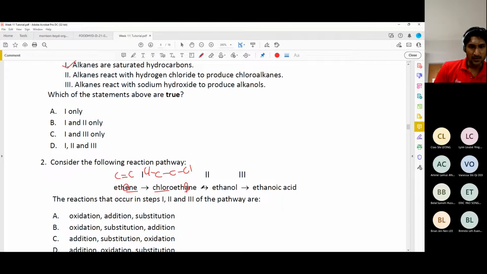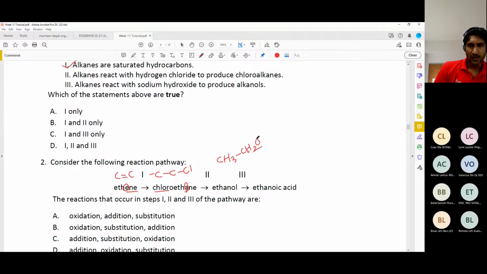From chloroethane, now it becomes ethanol. It is chloroethane, so that means one chlorine is added, not two chlorines. If there were two chlorines, it would be dichloro. So it is just one chlorine added, so it is chloroethane, and now this chloroethane becomes ethanol.